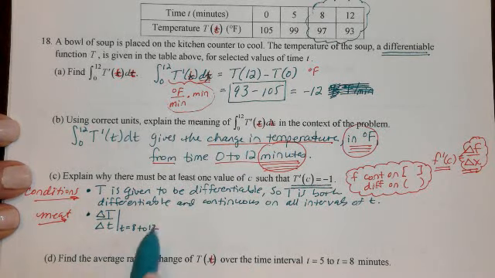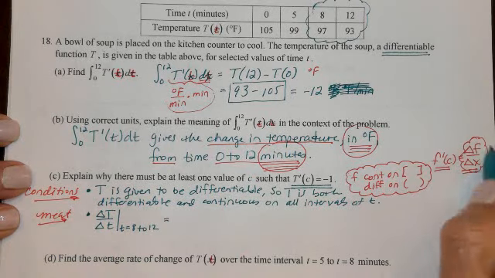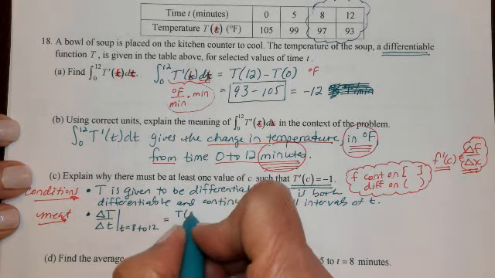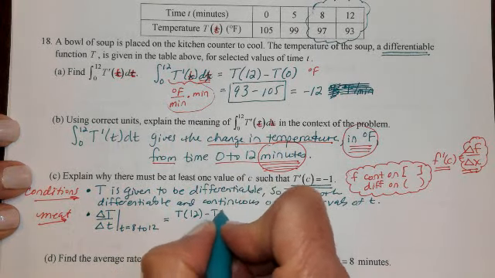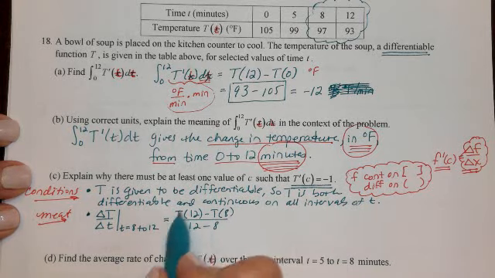Okay? You don't have to write this piece right here. I do that just for clarification of my mean value theorem. So this will be T at 12 minus T at 8 over 12 minus 8. You do have to write that.